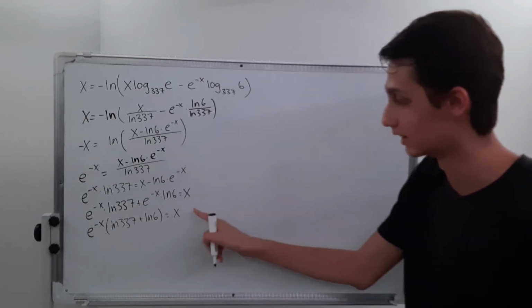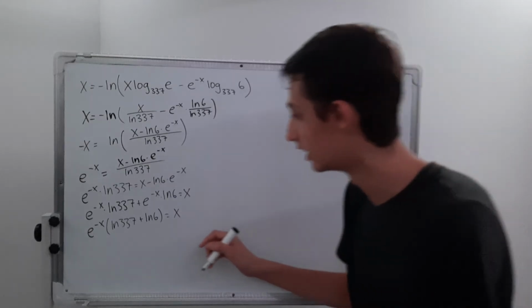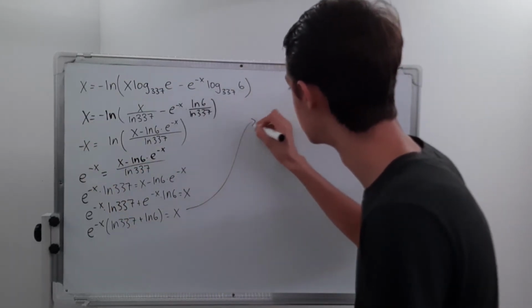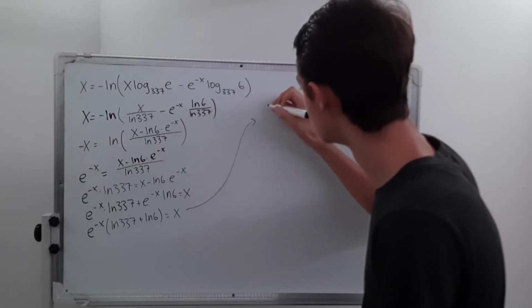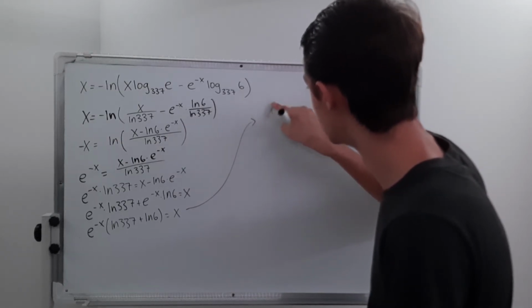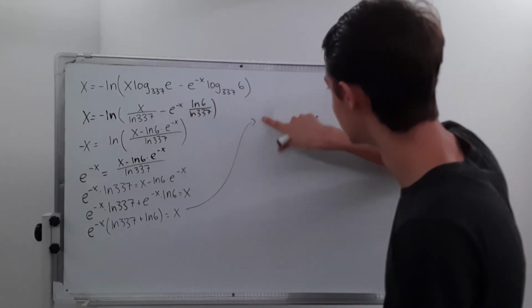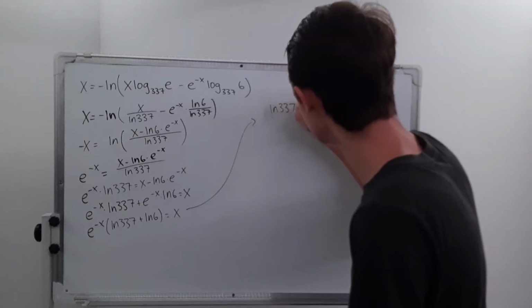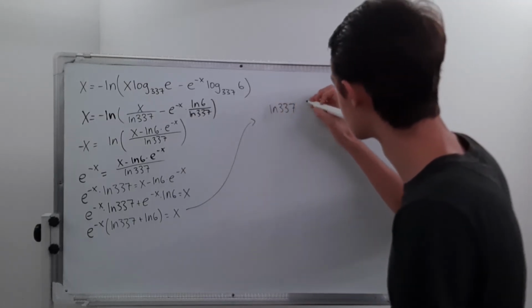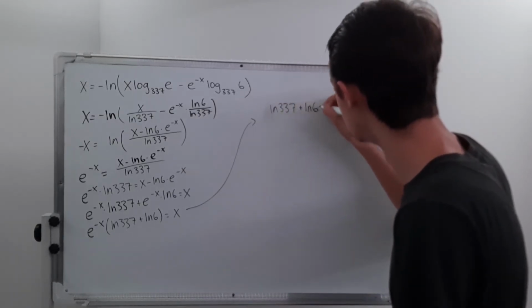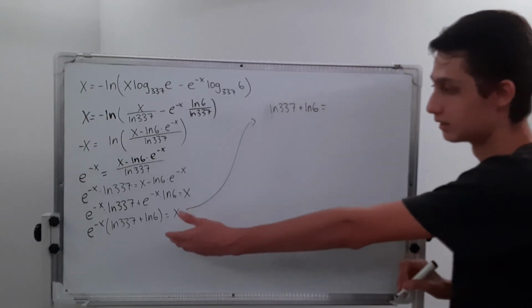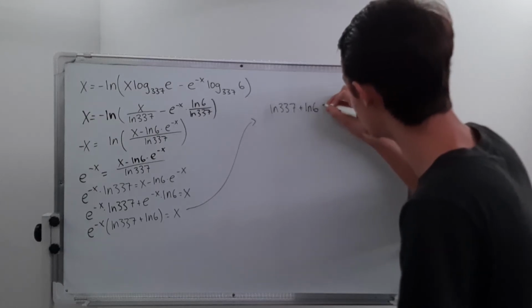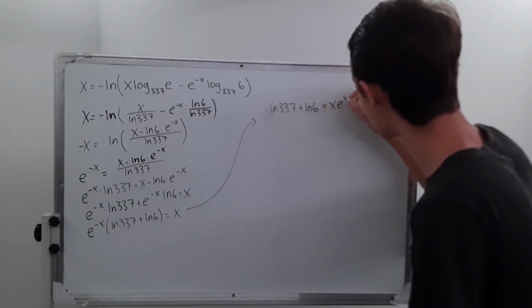So that's basically going to cancel out, and we'll have an e to the x there. So we have ln of 337 plus ln 6 equals x times e to the x.